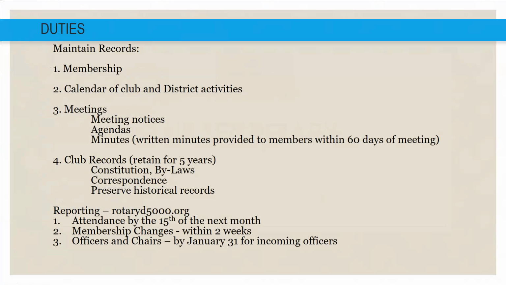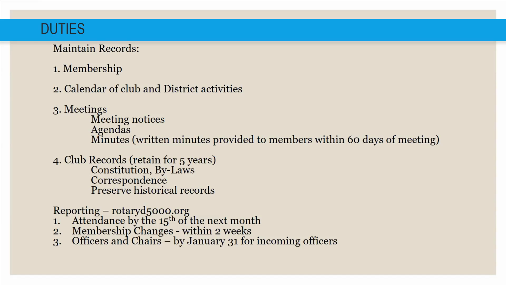Okay, so for duties, kind of every club does their own thing, and sometimes the secretary does treasurer duties and other things, but basically it's keeping the records, the membership records, so keeping the members' information up to date, the calendar, the district activities, minutes. So Rotary International wants us to keep minutes written and provided to members within 60 days of the meeting.